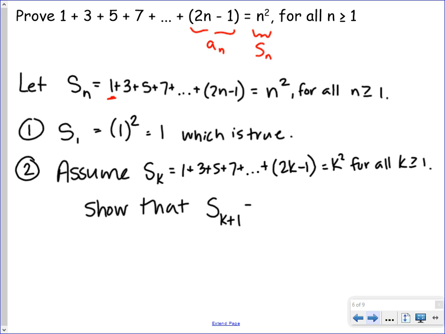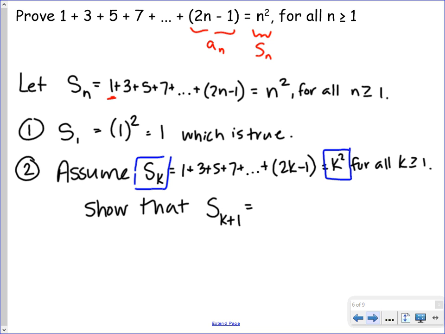s sub k plus 1 is equal to, and then think about up here in your assumption, you assumed s sub k was equal to k squared, right? Okay, you want to use the formula for the series, not the formula for the sequence. What would then s sub k plus 1 be for k squared?